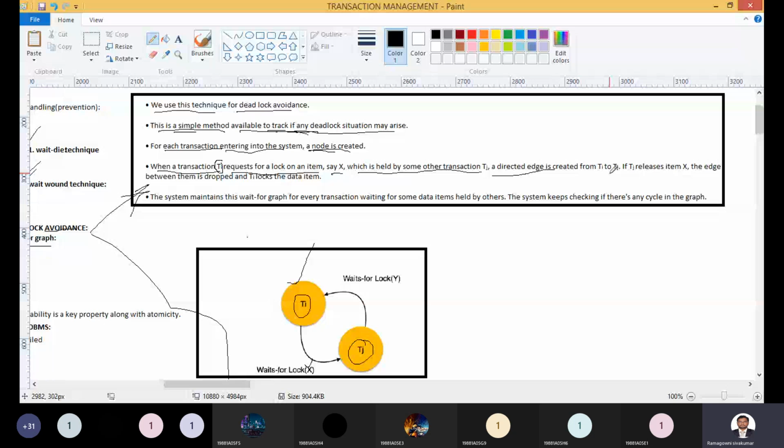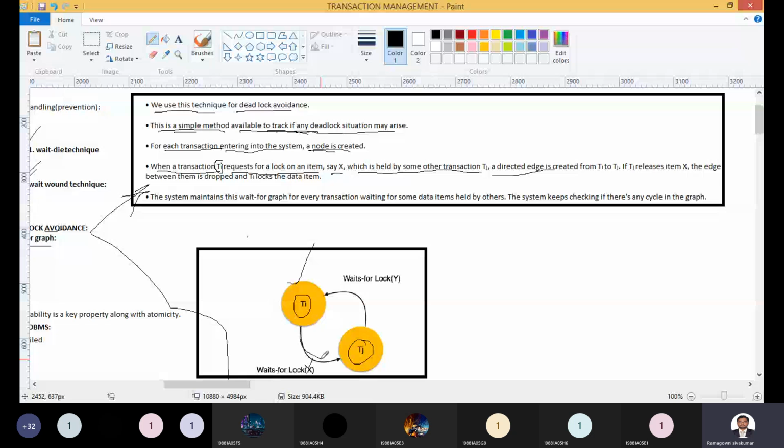So when a transaction Ti is requesting a data item which is held by Tj, the directed edge is created here from Ti to Tj.